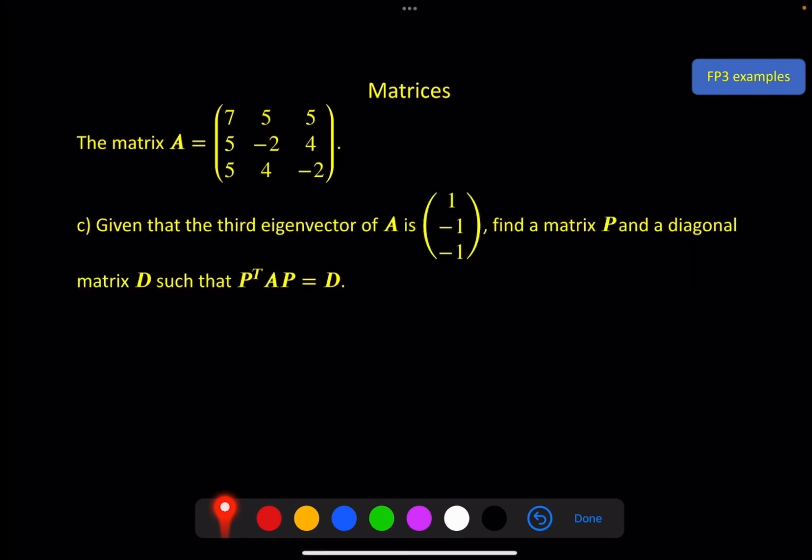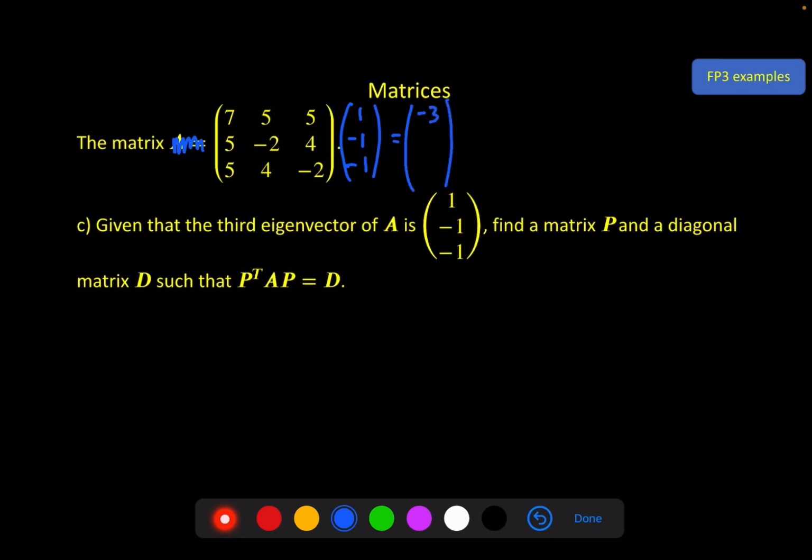Part C. Given that the third eigenvector is this, find a matrix P and a diagonal matrix D such that this equation is true. So first I'm going to find the eigenvalue of this eigenvector, and then we can just write down D and P quite easily. So if I save space by sticking it here, that gives me 7 minus 5 minus 5 is minus 3.